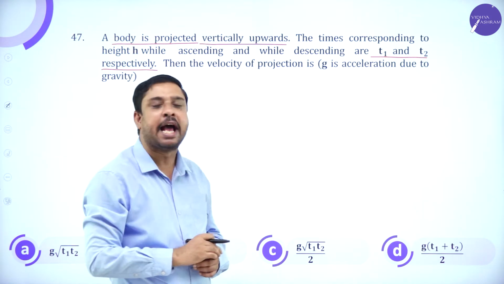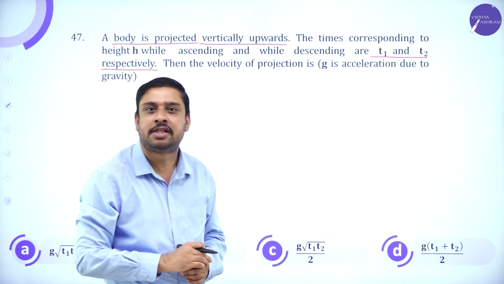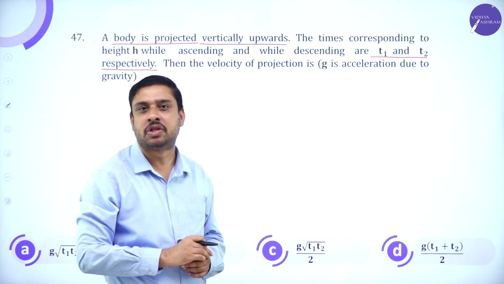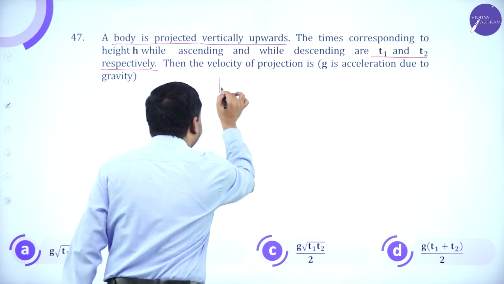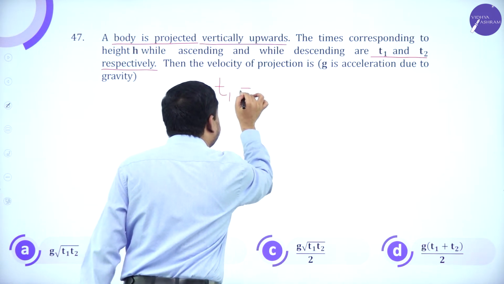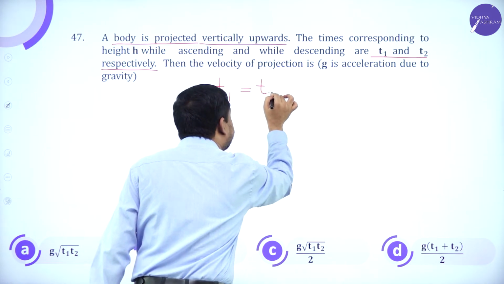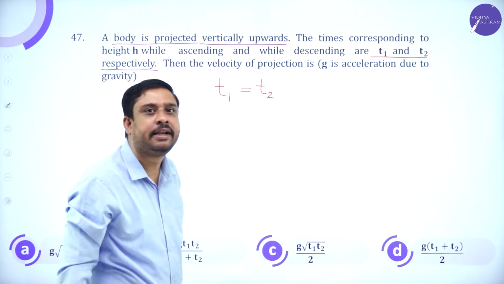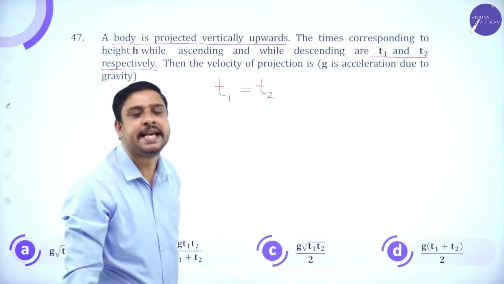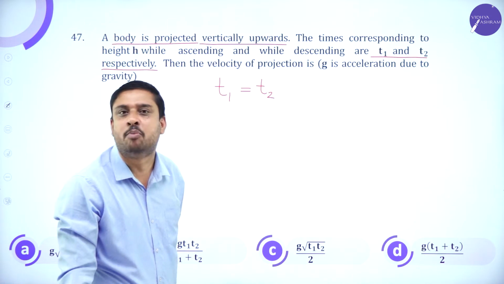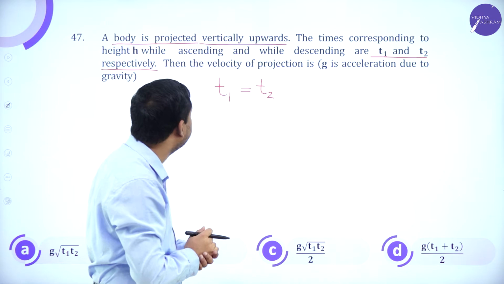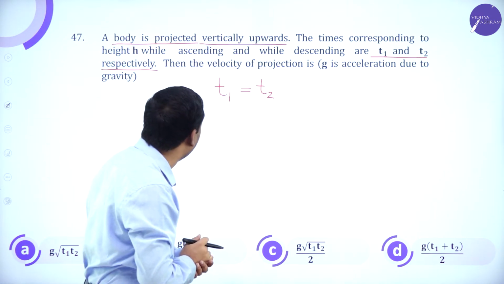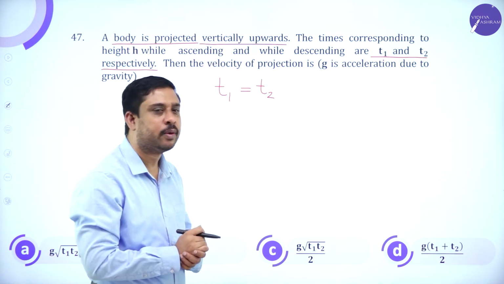We have to calculate the velocity of projection. Now, we know that during projection, time of ascent is always equal to time of descent. So T1 is equal to T2.